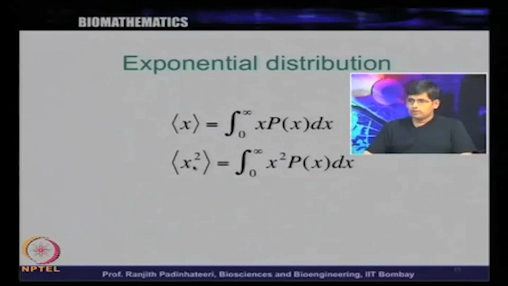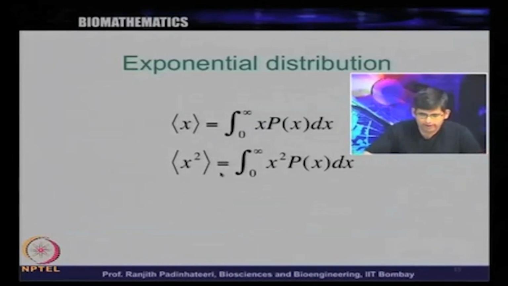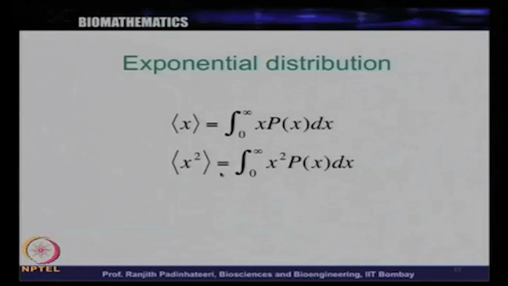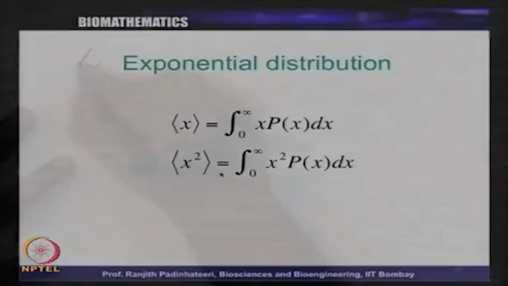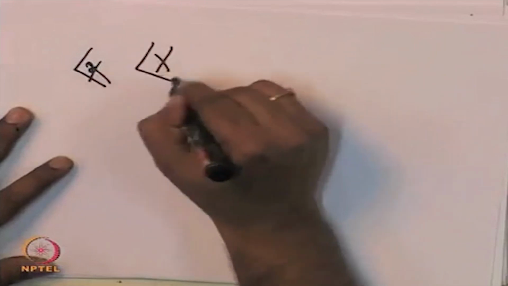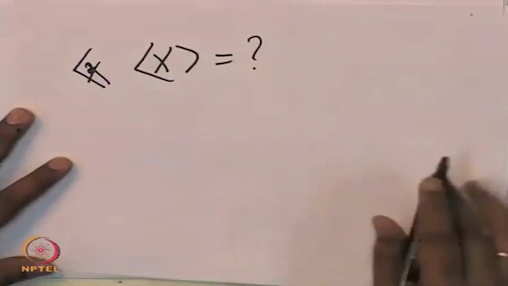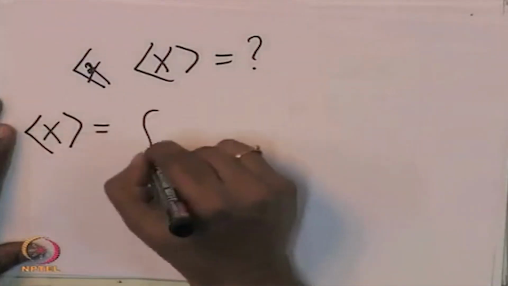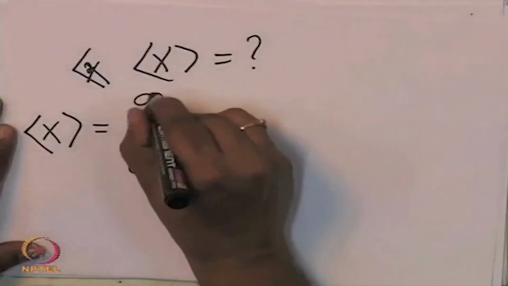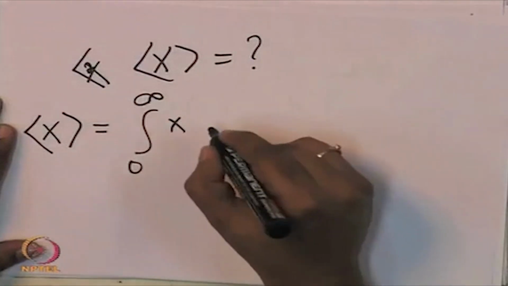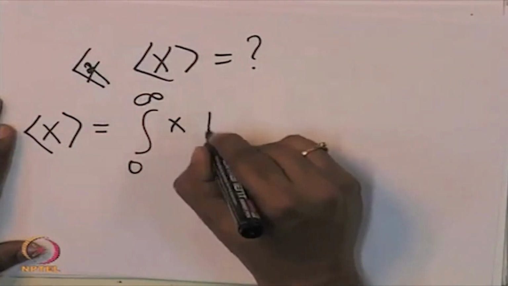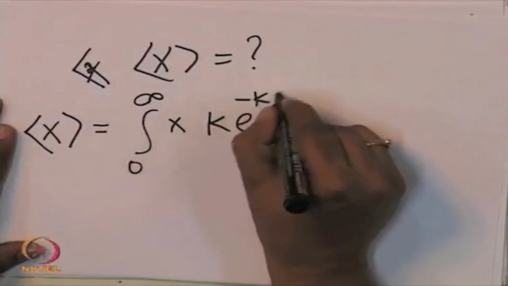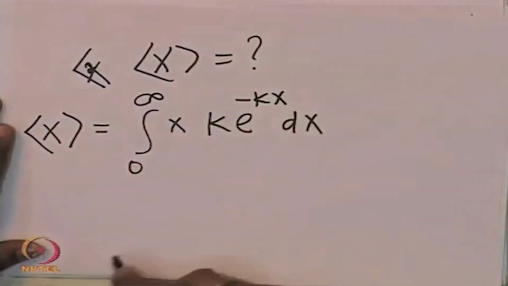So, what is x average and what is x square average? Let us calculate them. Let us first calculate x average. x average can be defined as 0 to infinity x times the distribution function, k e power minus k x dx.